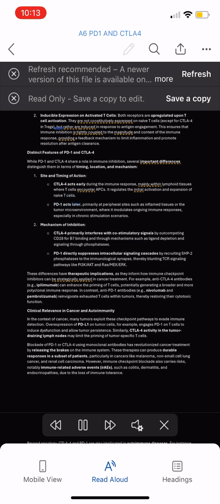PD1 acts later, primarily at peripheral sites such as inflamed tissues or the tumor microenvironment, where it modulates ongoing immune responses, especially in chronic stimulation scenarios. Mechanism of inhibition.